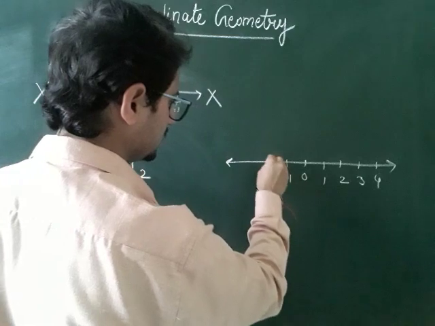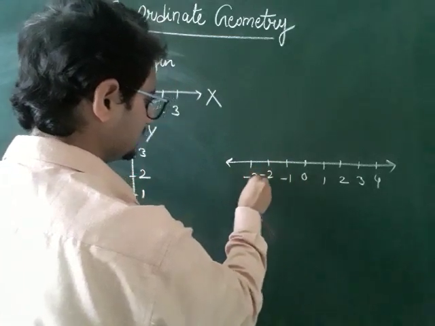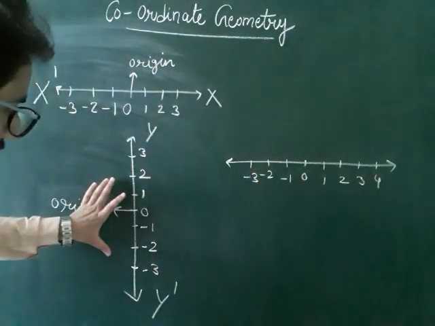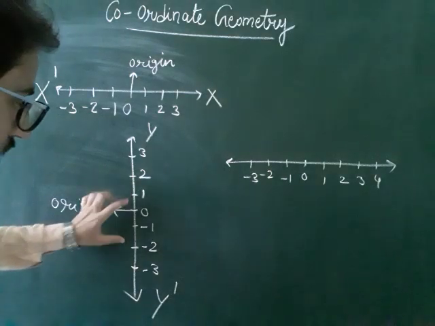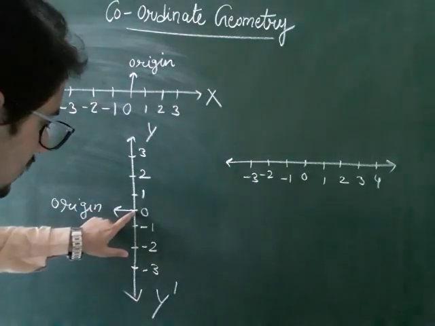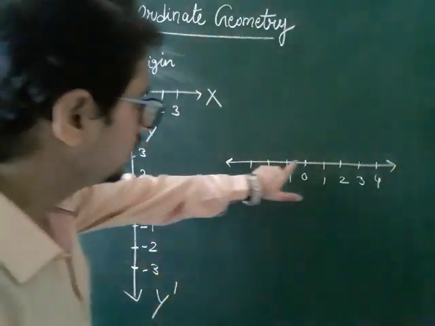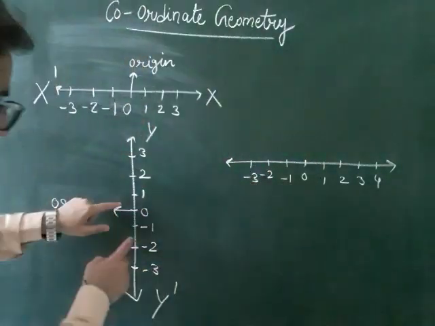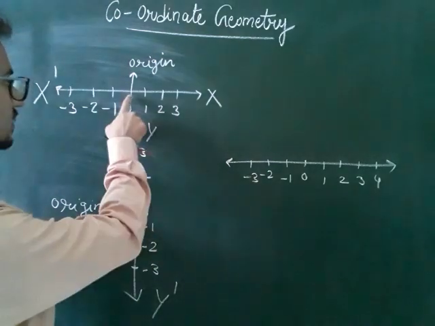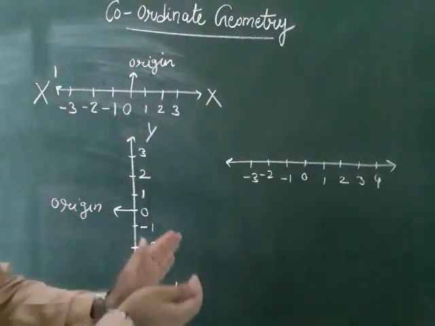Similarly -1, -2, -3 and so on. Now take this number line and put its point of origin here on 0, means this 0 and this 0 we will coincide them.